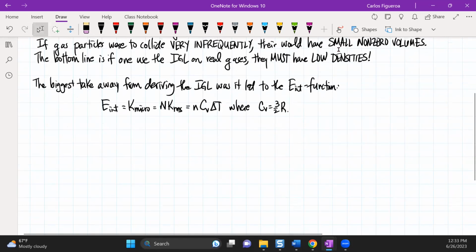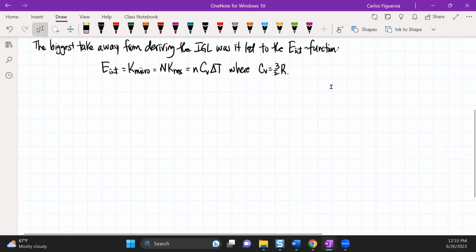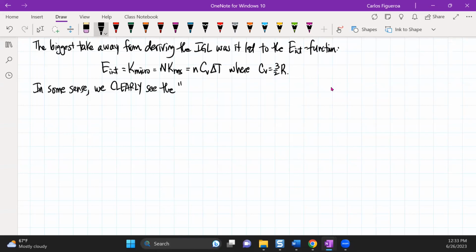So in some sense, let me move this up. In some sense, we clearly, let me be careful with the word clearly, we clearly see the guts of internal energy as the heat capacity at constant volume.